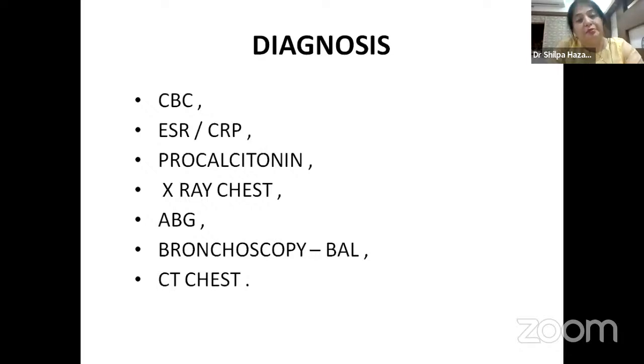ESR and CRP may be elevated from the beginning, because they are inflammatory markers, so they could be elevated even in chemical pneumonia and not necessarily in secondary bacterial infection. Procalcitonin, again, is a marker for bacterial infection. Initially procalcitonin may be normal, but if there is a secondary superimposed bacterial infection, then it would be abnormal.